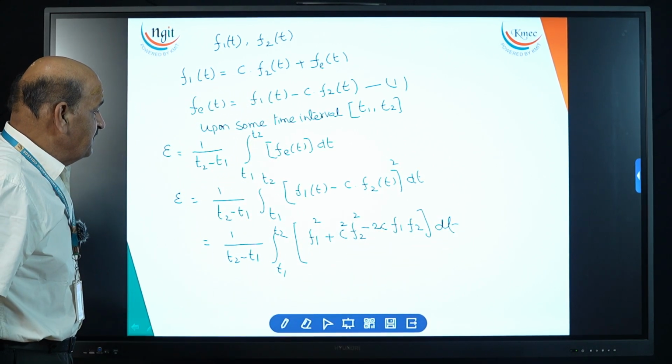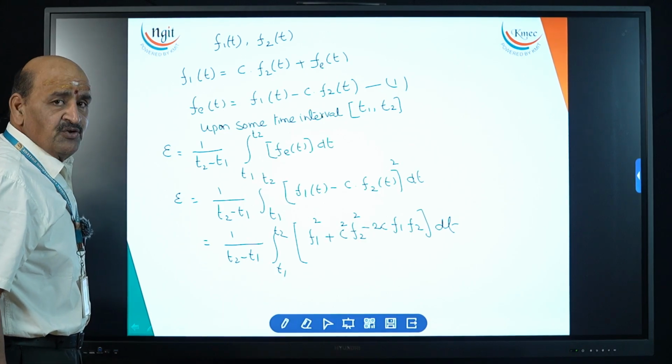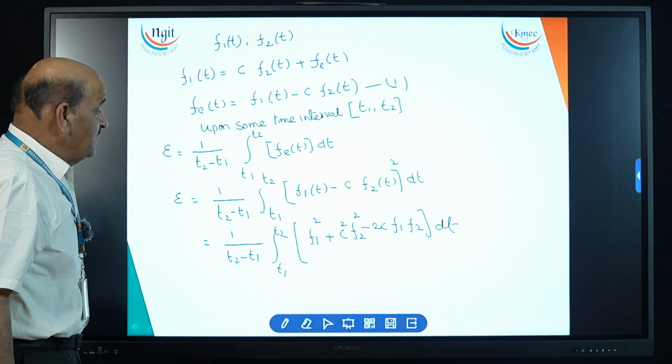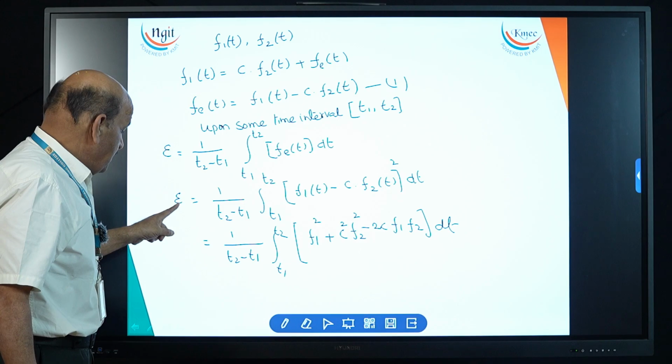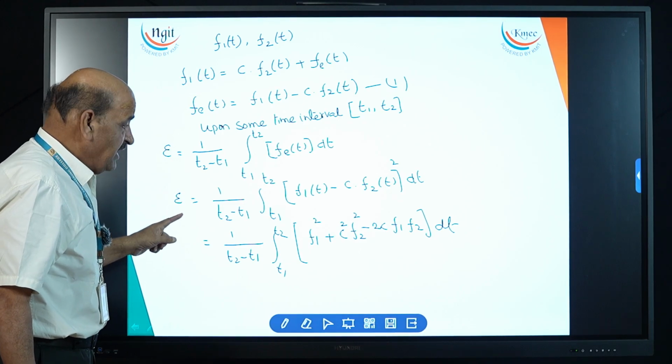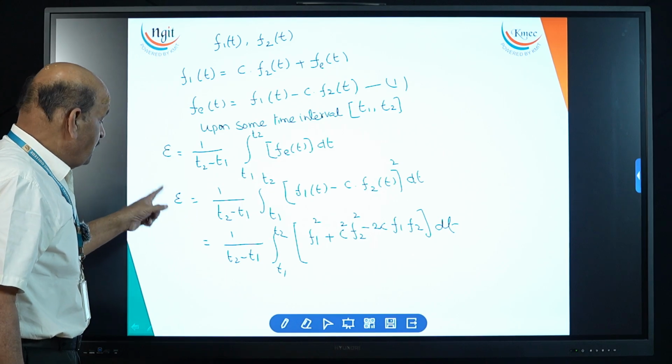In calculus, you come to know that a function, to find a minimum value or maximum value of a function, dy by dx should be 0. Here this is error. To make the error a minimum value, we have to find dy by dx equal to 0.